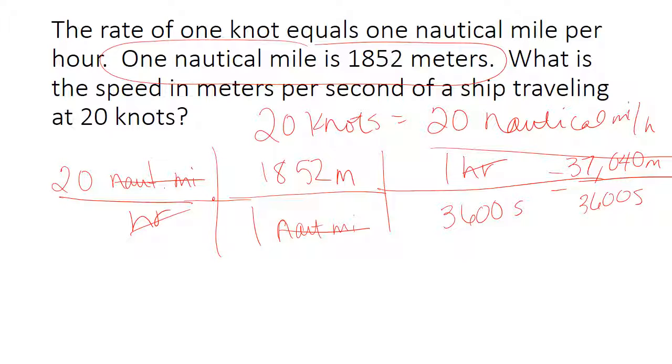So I'm going to divide 37,040 by 3,600. So 37,040 divided by 3,600 seconds gives me approximately 10.29 meters per second. That's a lot. That's really fast.